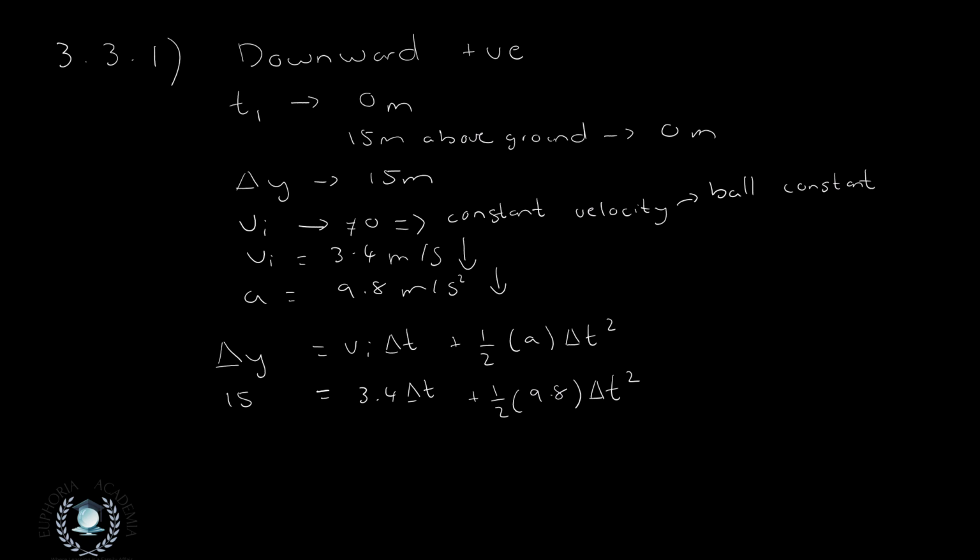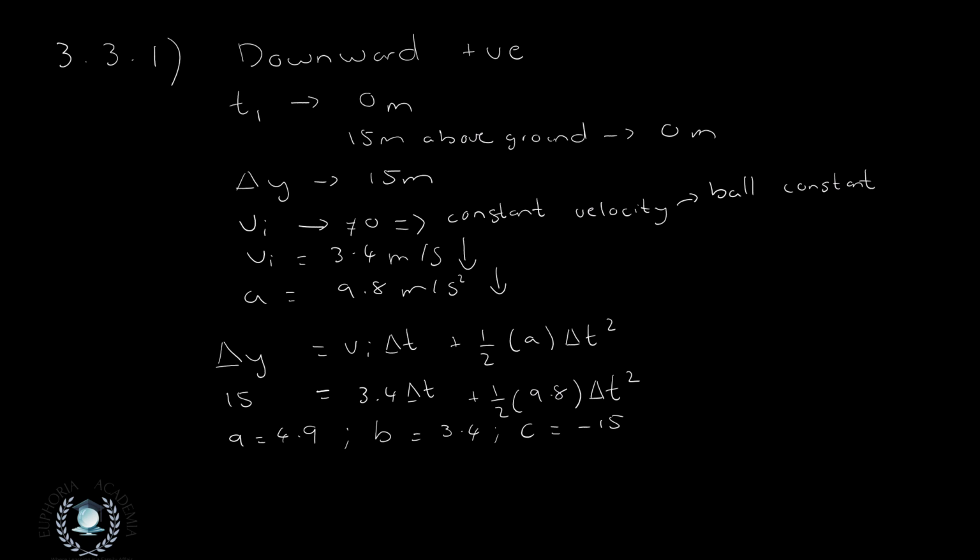Now, from maths, if you want to solve this, what you can use is the quadratic equation, where our a will be equal to 4.9, our b will be equal to 3.4, and our c will be equal to minus 15, because this thing needs to be equal to 0. So we have to take this 15 to the right hand side.